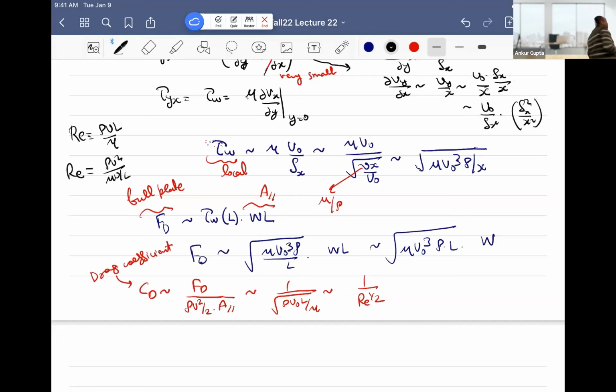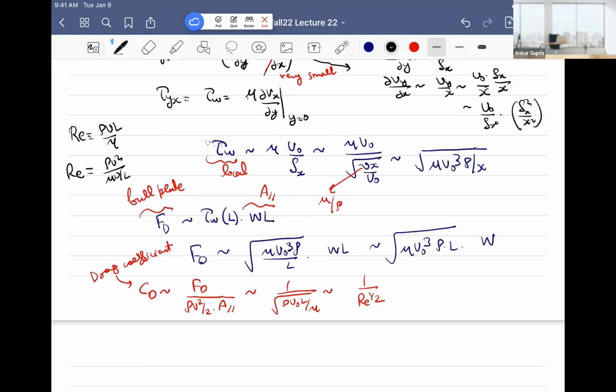At high Reynolds number, you would expect that inertial stress, rho U square, dominates, right? And if that is the case, you would expect the drag force to be proportional to U square, because your stress which is dominating is proportional to U square.